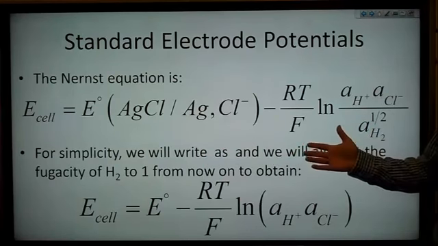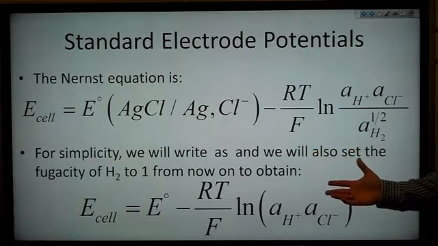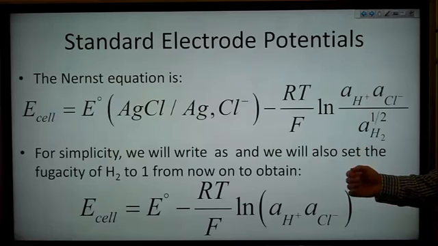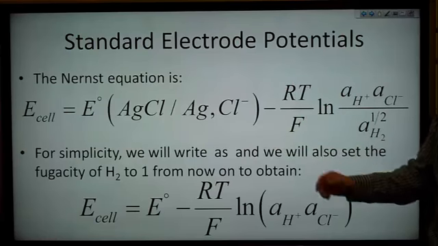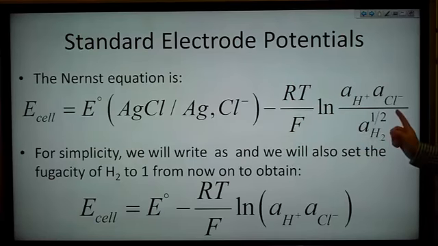For simplicity's sake, we're going to take this and set the fugacity here equal to 1.